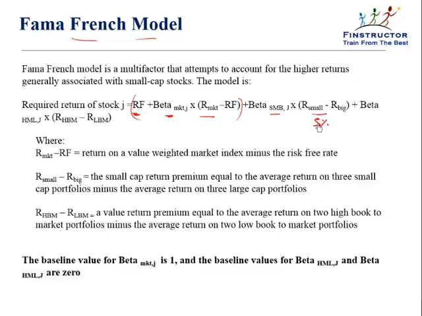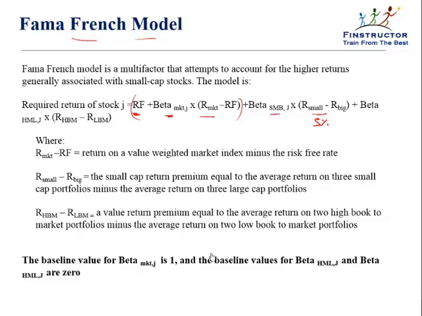Now, depending on whether your company is small or big will be the value of beta. If your company is small, then this value will be positive. If your company is an average size, that is neither small nor big, then the beta will be 0.